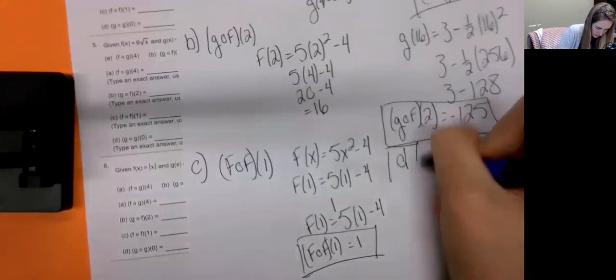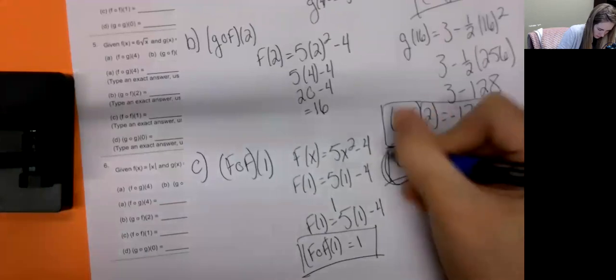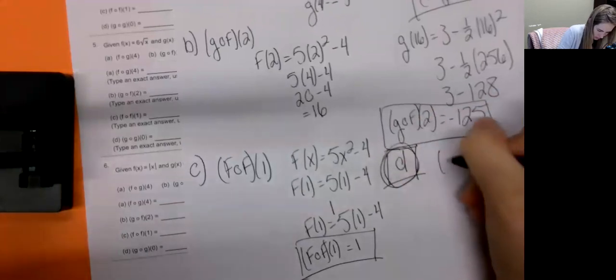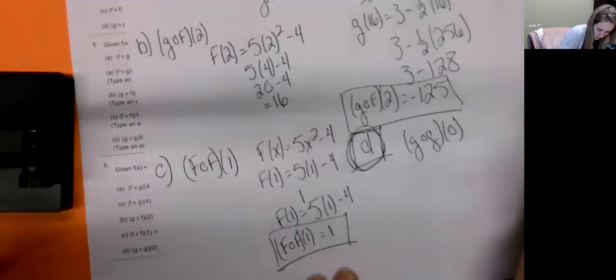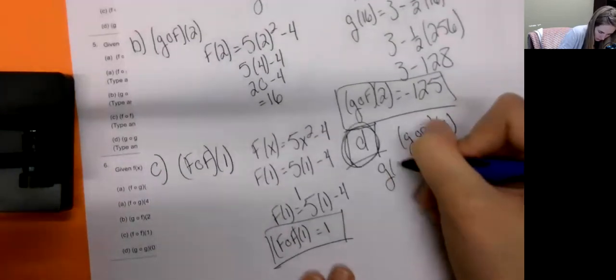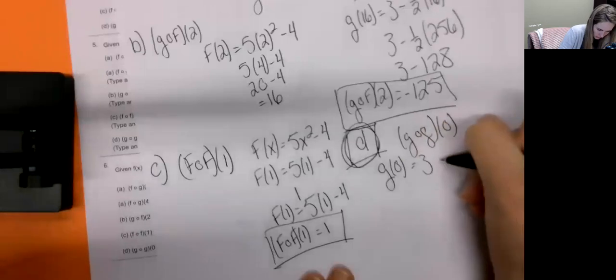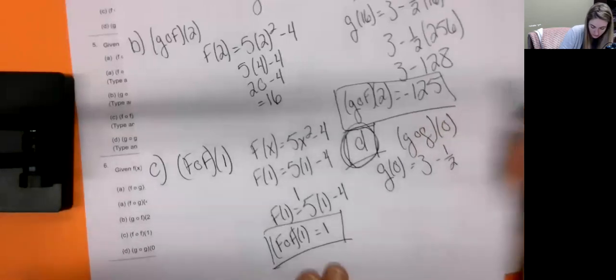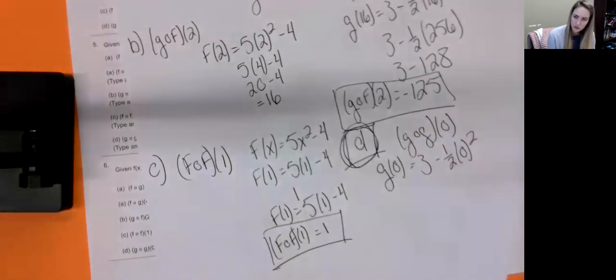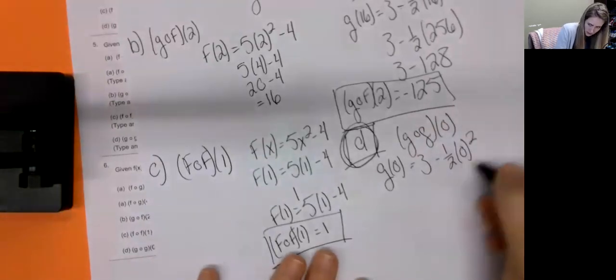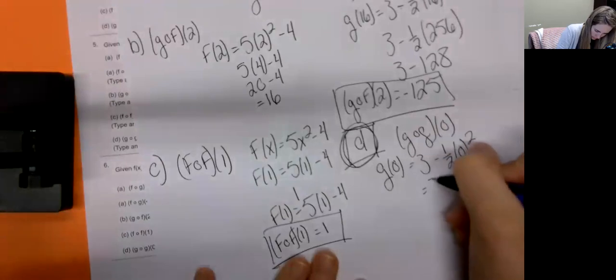Then D is g composite g of 0. So we have g of 0 equals 3 subtract 1/2 x squared, or 0 squared. So this is 0, so this would equal 3.